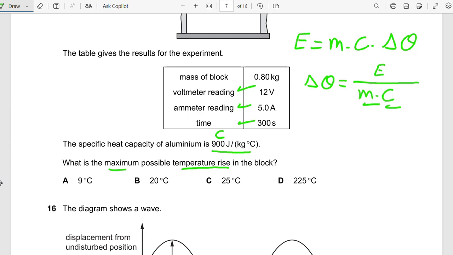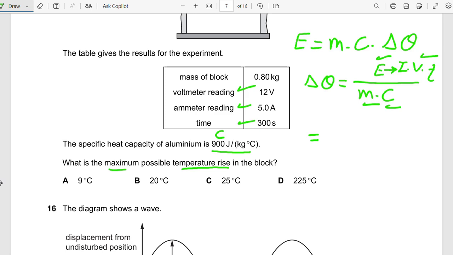I have the mass, I have the specific heat capacity. Regarding the energy, I can find it by multiplying current, voltage, and time. Why is that? Because here we are using the heater to change electric energy to heat energy. So the multiplication of IVT gives me the electric energy. So I substitute the numbers.